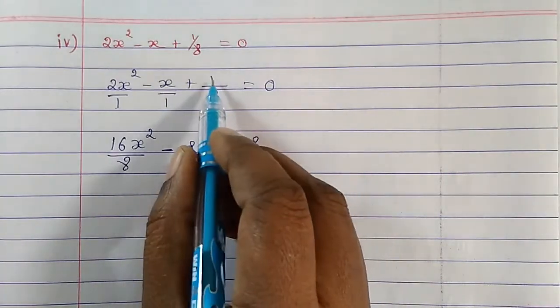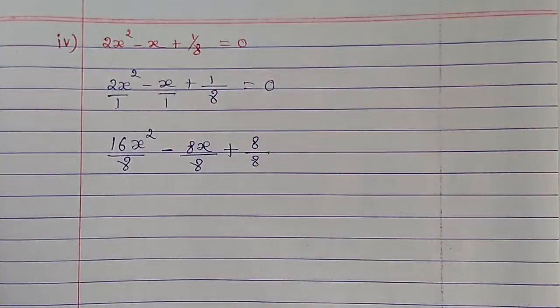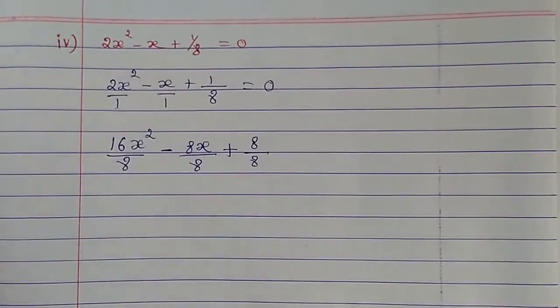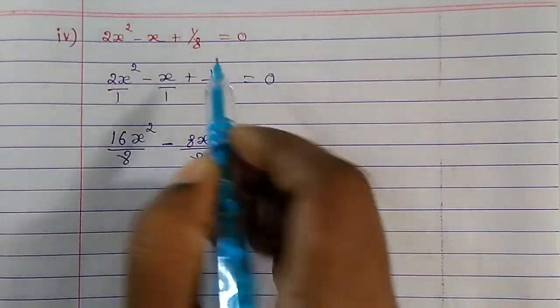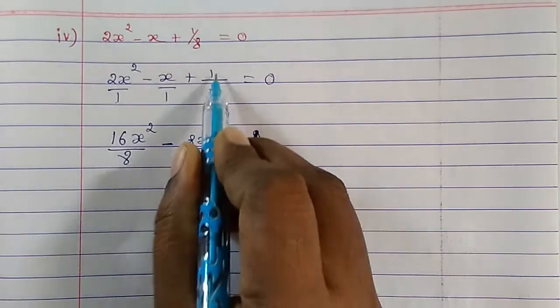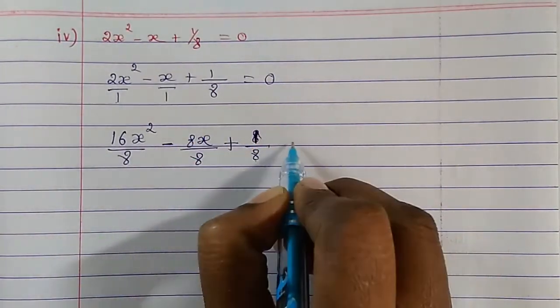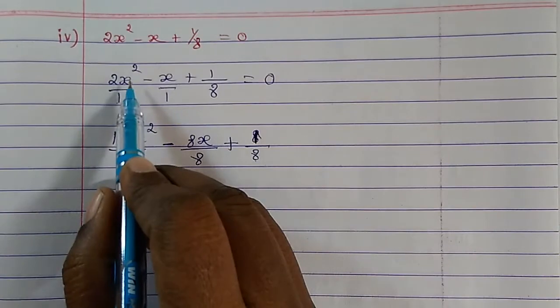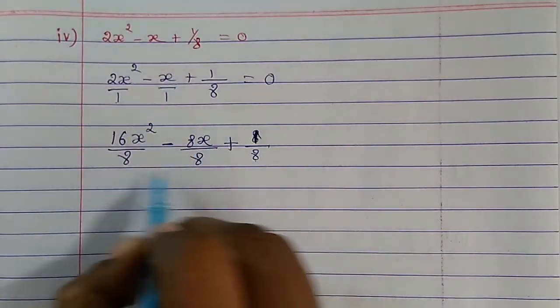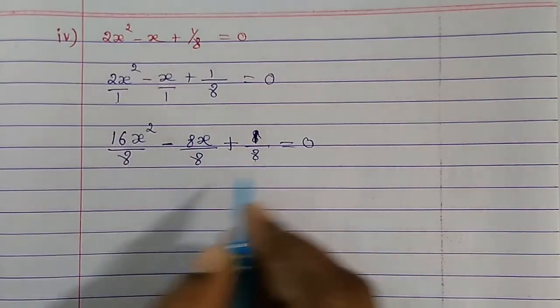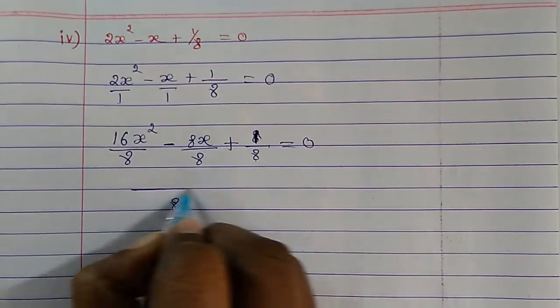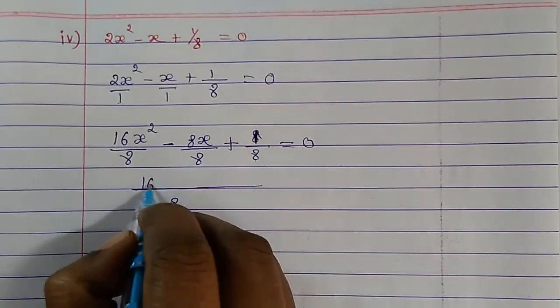Here we don't need to multiply, because we already have 8, otherwise the denominator will change, right? So here it remains the same. Only these two we multiply with 8 on both sides, so that we get 8 in the denominator. Now everywhere there is 8, so let's write 8 in common, and then all the things together.